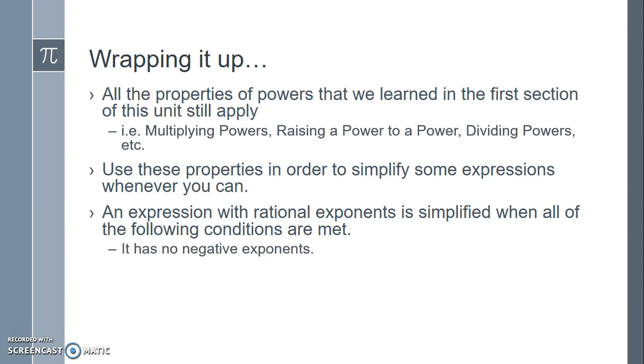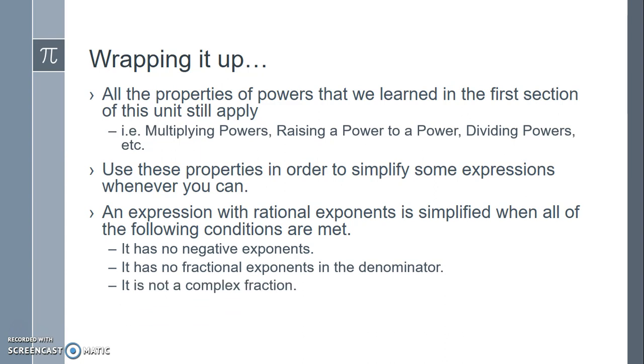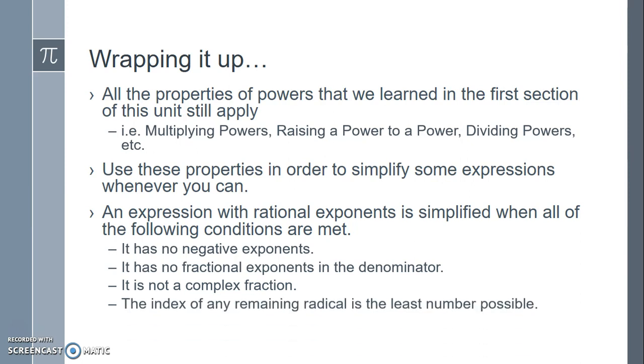First, it has no negative exponents. Second, it has no fractional exponents in the denominator. Third, it is not a complex fraction. Fourth, the index of any remaining radical is the least number possible. What that means is that the little number on a root has to be the smallest that it can. We don't want to leave it something huge if we don't need it to be.